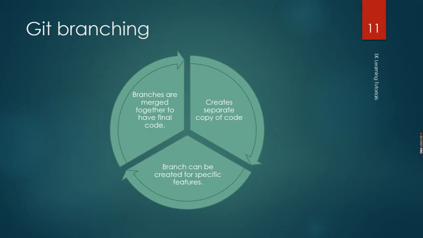Once you complete the feature code, you can merge your branch code to the master branch, because in the end we need to have the entire code in one main branch only. For this, Git allows you to merge different branches to have the complete code in a single branch. That's the overview about Git branches.